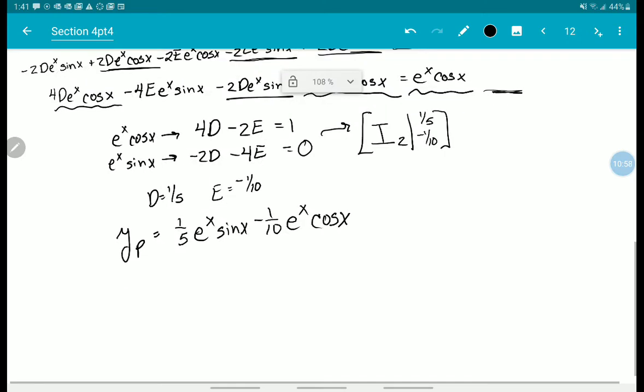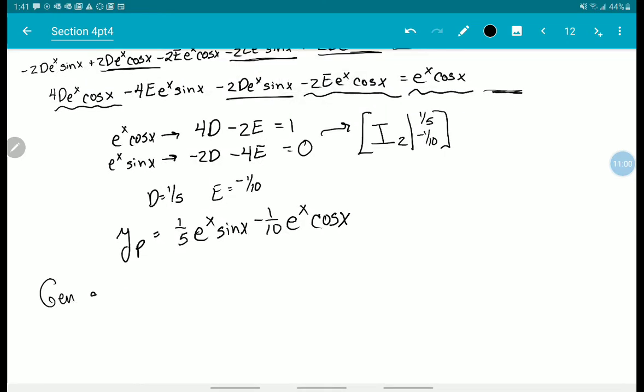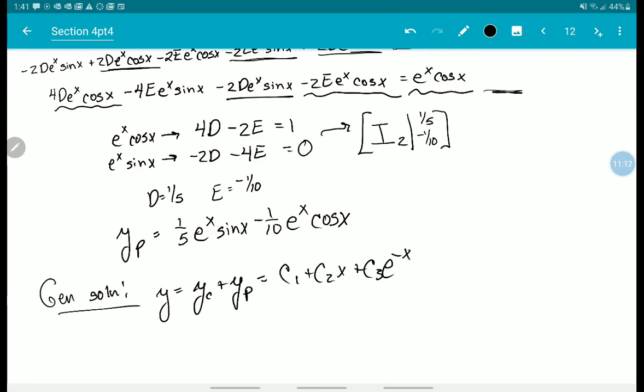So then our general solution is the complementary plus the particular. Our complementary was C1 plus C2x plus C3 e to the negative x. Our particular is 1/5 e to the x times sine of x minus 1/10 e to the x cosine of x.